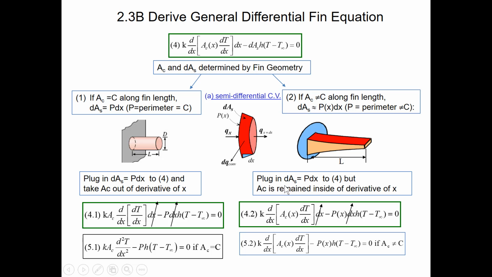Next, plug dA_S back into equation 4, but A_C this time remains inside the derivative. Then cancel out dx. Equation 4.2 becomes equation 5.2, the general differential fin equation at non-constant cross-section area.